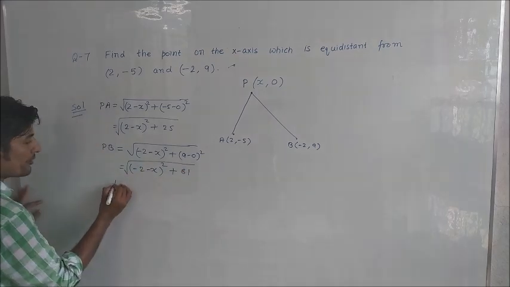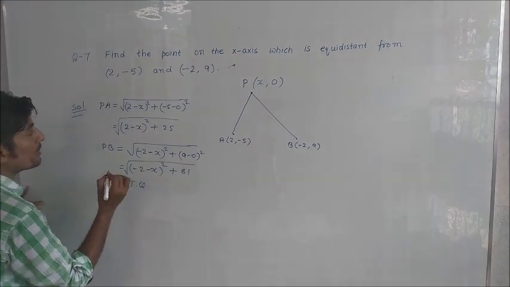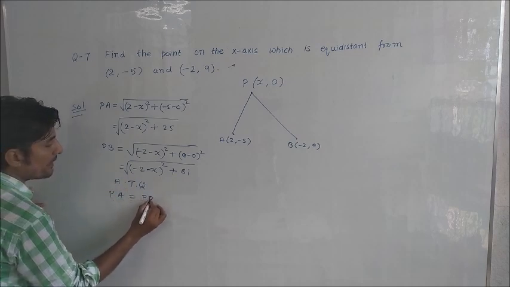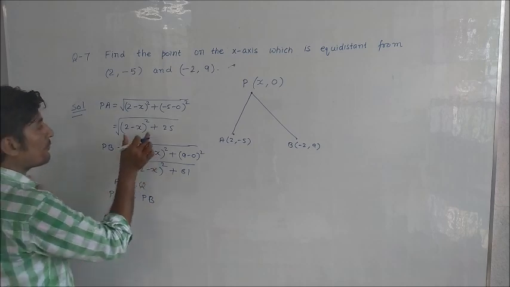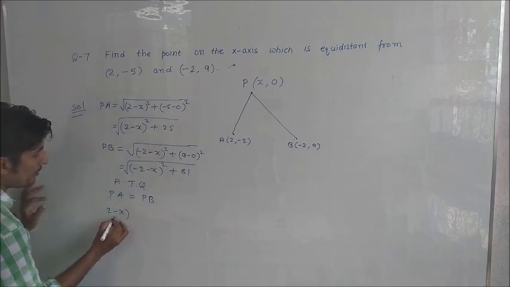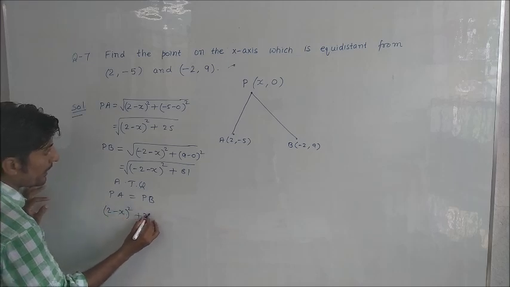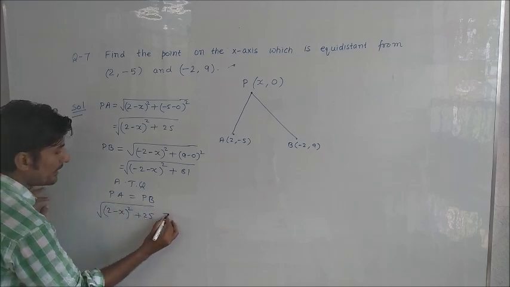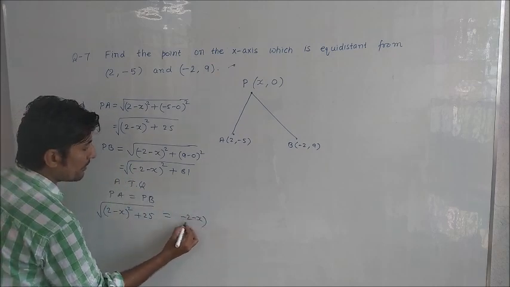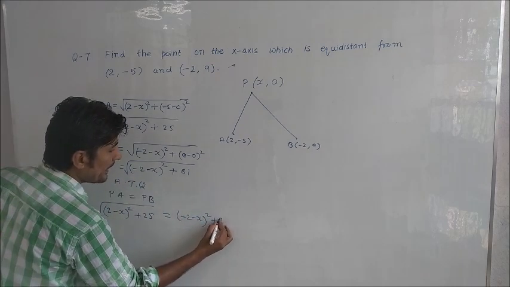Now according to the question, PA is equal to PB. This is already given in the question. So the measurement of PA, that is under root (2 minus x) whole square plus 25, is equal to PB, under root (minus 2 minus x) whole square plus 81.